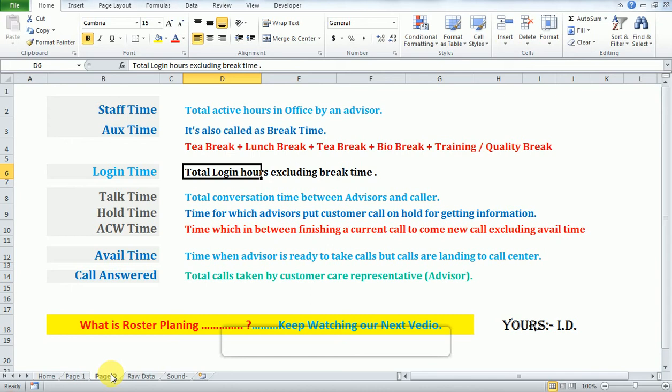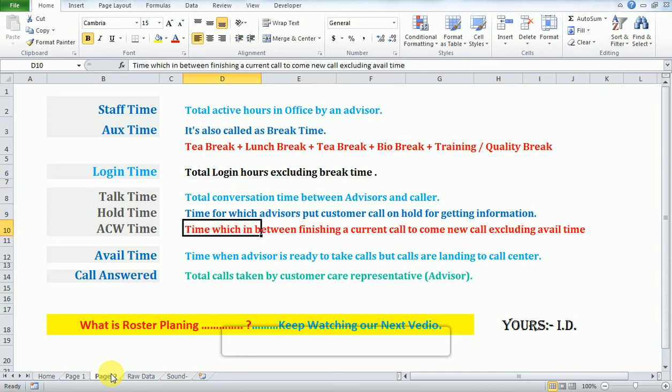Like, if you are asking something of a customer care executive, it may take some time to search that query, so he or she puts your call on hold and asks you to wait for some time. So that is called hold time.